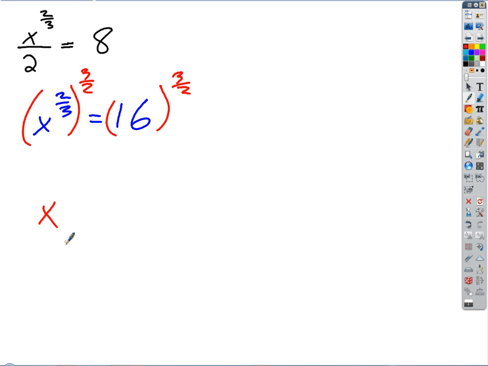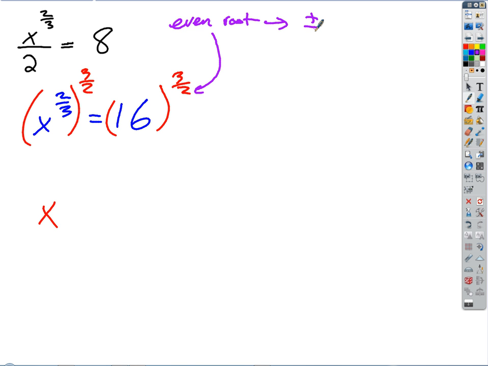Okay? Do I need a plus or minus and why? Yes, I do. How come? Look at that. This is an even root, so I have to have plus or minus, right? Everybody see that?